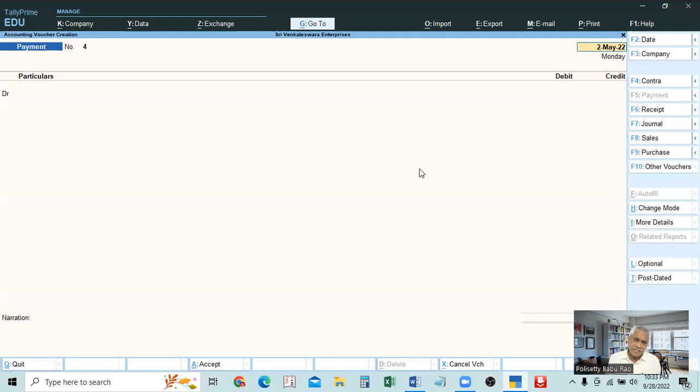So purchases, either cash or credit, will be recorded in the purchases voucher. Similarly, in the receipt voucher, as I told you already, you should not enter cash sales. When you sell goods for cash, the amount received will not be entered in the receipt voucher. The cash sales or credit sales will be entered in the sales voucher. Okay, so this is the thing.